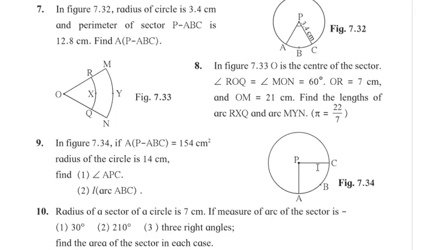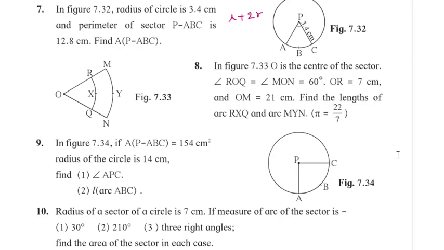Now seventh question, in figure number 7.32, radius of circle is 3.4. So radius we can see it is 3.4. The perimeter of sector APB is 12.8. Now perimeter of sector means what? In perimeter we have arc length plus we have radius plus one more radius. So perimeter of sector is nothing but L plus 2R.